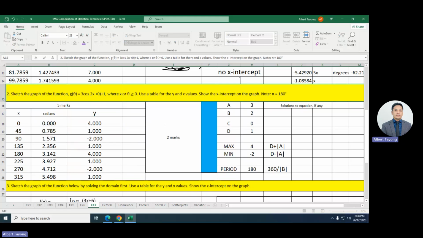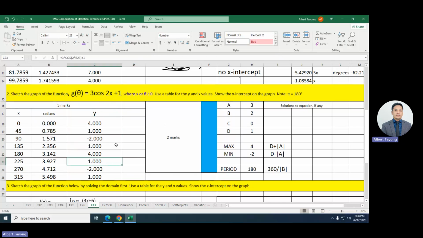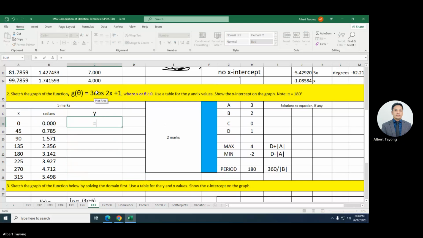This is 2x plus 0, open and close like this. Ahmad, understand? So that's why C is what? C is 0. Which one, safe? Safe, like this. Equals, follow the given. 3 multiply this one. Cosine, double click. 2 multiply the radian. Close, plus 1.